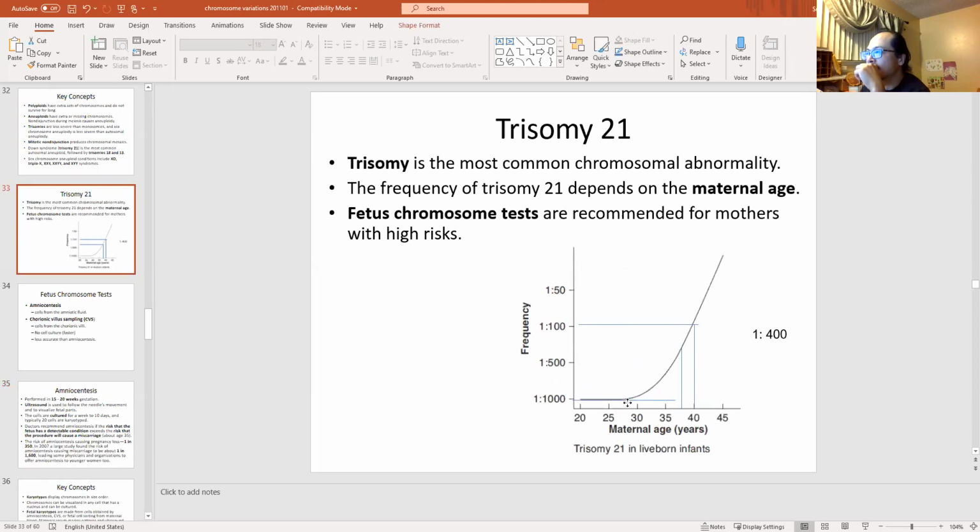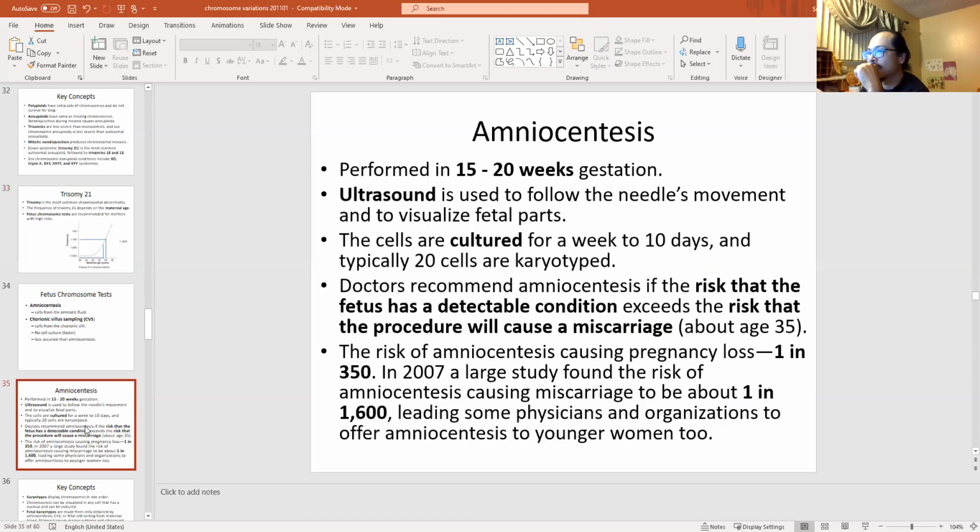That is actually pretty low, right? That risk is always lower than the risk of the pregnant woman having trisomy 21. So any age is always safer to do an amniocentesis.